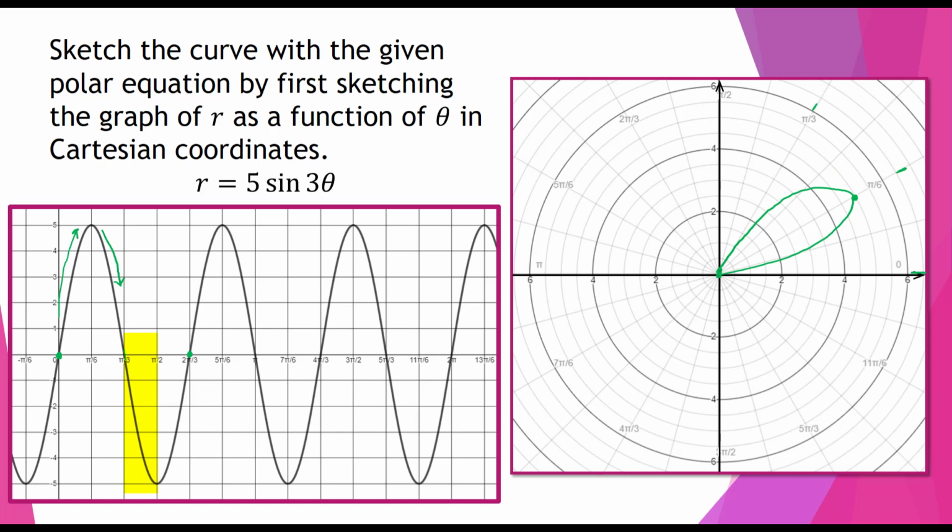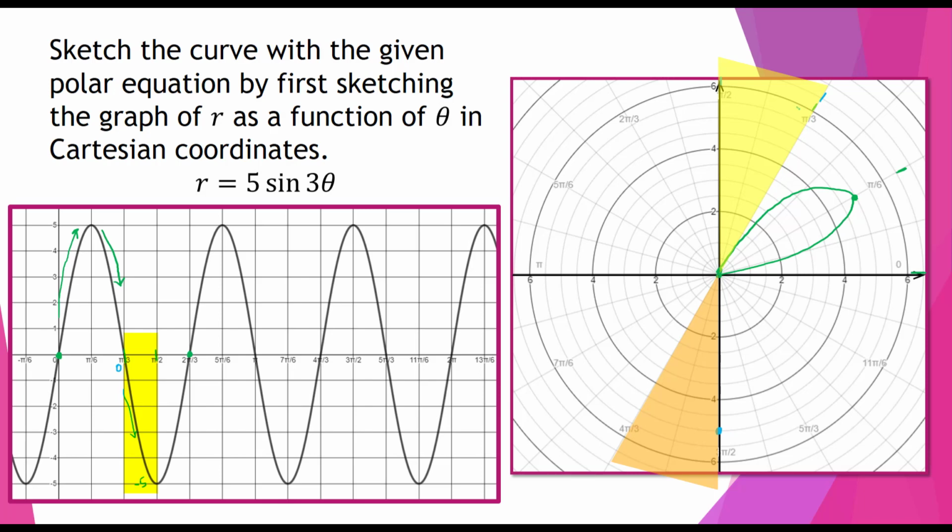Now, from angle pi over 3 to pi over 2, our radius decreases from 0 to negative 5, which means that from angle pi over 3 to pi over 2, because our radius is negative, we look backwards along the line where theta is equal to pi over 2, and if the radius is negative 5, our point lands here.